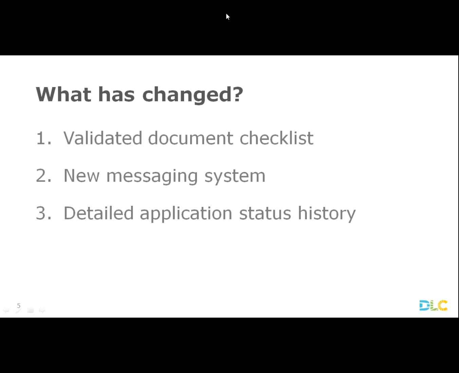We also have a new messaging system, so now all messages that you're exchanging with your reviewer when you have an application process will live within the application portal so that you can go back and review communication about a specific application and have all of that info in one place.